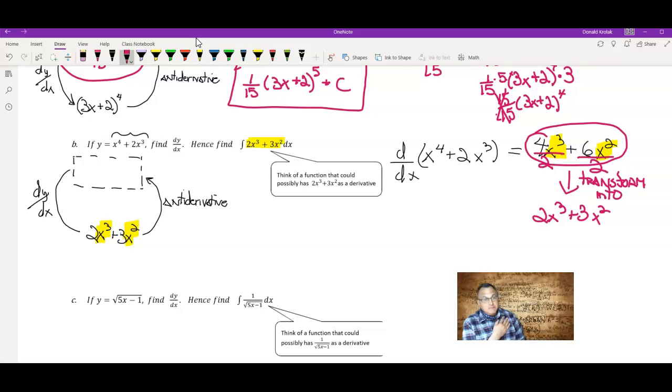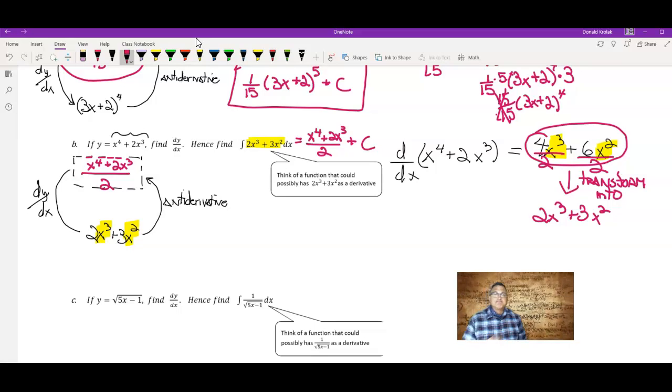So my integral, or my antiderivative, remember they're the same thing, is going to be x to the fourth plus 2x cubed divided by 2. And there's my integral, plus c.